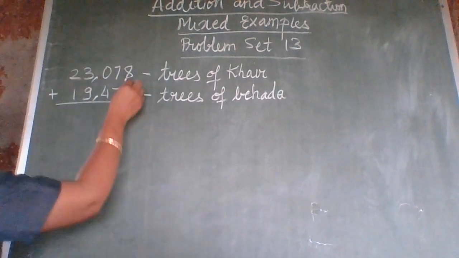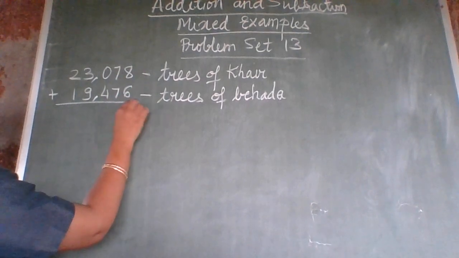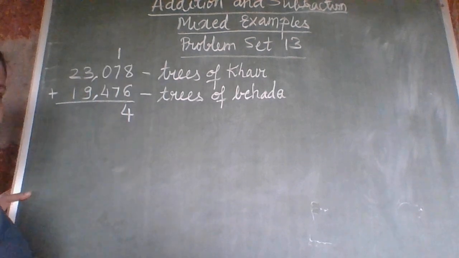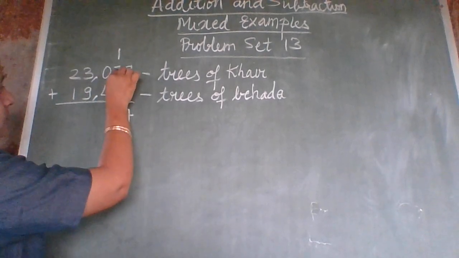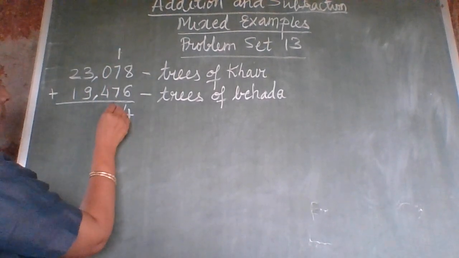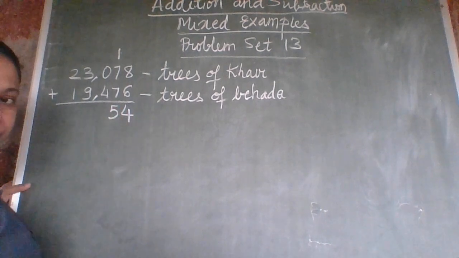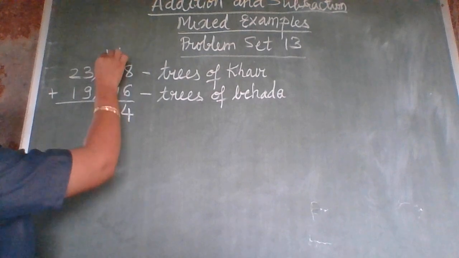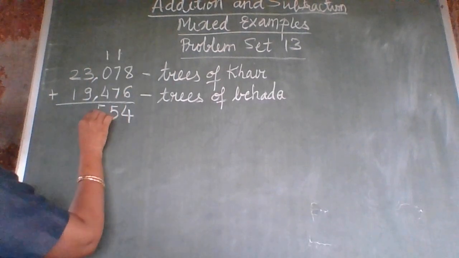So let's do it. You know that 8 plus 6 is 14, so carry 1 here. Now 7 plus 7 becomes 14, and this one becomes 15. Correct? So 14 plus 1 is 15. Then again carry 1. Now 4 plus 1 becomes 5.